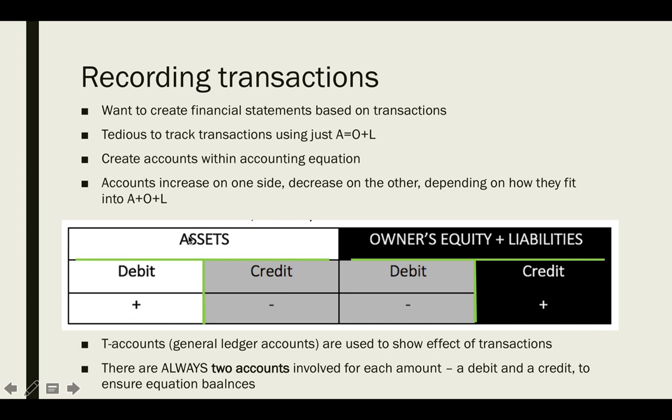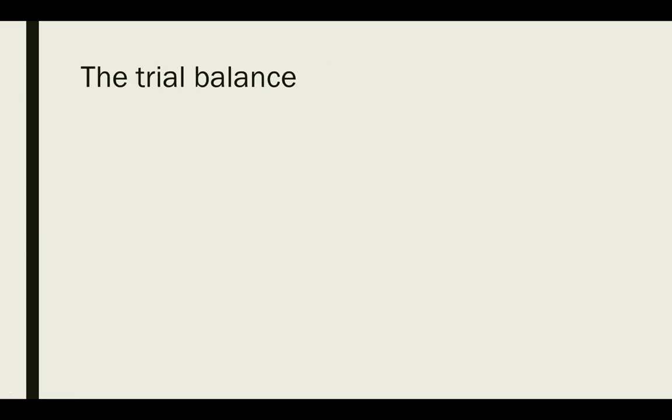For assets, we're going to put the pluses on the left and the minuses on the right, and because it's on the other side of the equation, we're going to do the reverse for equity and liabilities. We'll show the minuses on the left and the pluses on the right. At the end of any period, you can then do a trial balance to see whether everything works out.